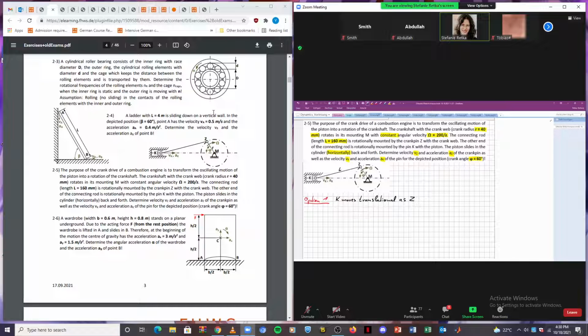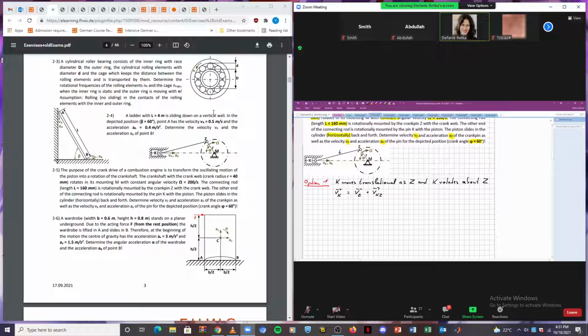It moves translational as Z, and at the same time K rotates about Z. Meaning for the velocities, Vk is equal to Vz, translation of Z, and at the same time K rotates about Z. Indices Kz means K rotates about Z. First point rotates about the second point. Same equation for the accelerations, of course.